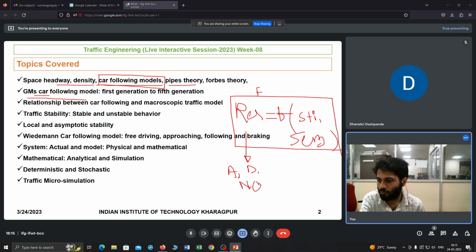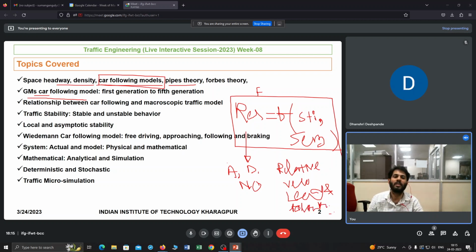Then your stimuli means your response will directly depend on the relative velocity of the leader and the follower. So the relative velocity between lead and follower is called the stimuli. Based on that, I will change my acceleration and deceleration strategies.